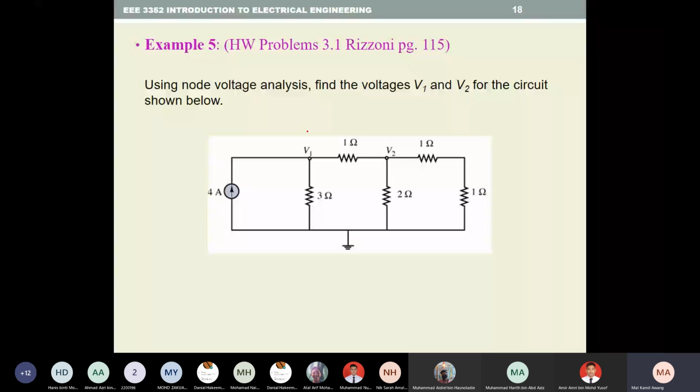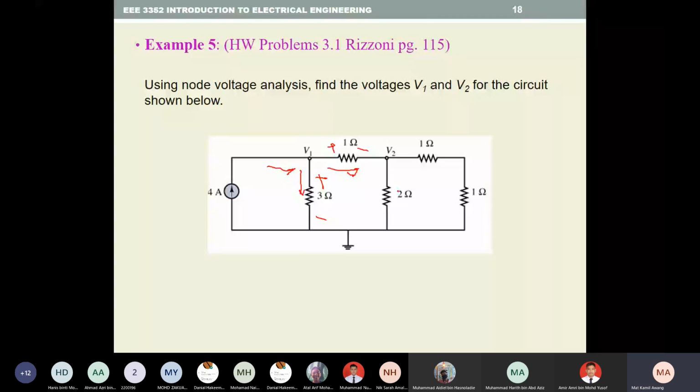So you have going in, going out. You can do going out there. Plus here, minus here. So 4 minus V1 over 3 minus V1 minus V2 over 1. This is one equation.